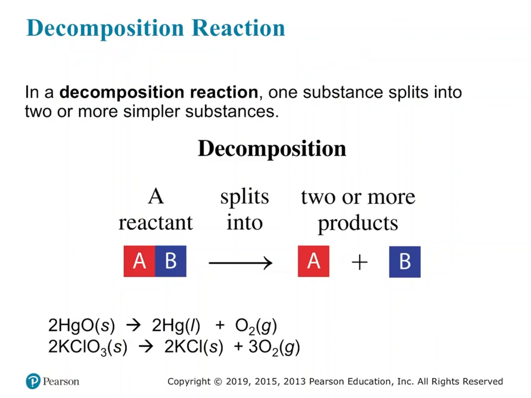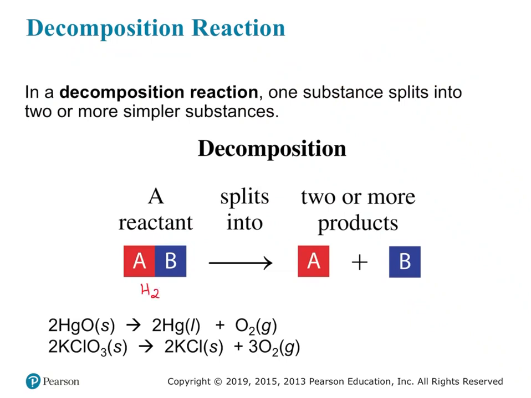Now, the next type of reaction is a decomposition reaction. So in this type of reaction, we start with just 1 reactant, so 1 substance, and it's going to split into 2 or more simpler substances. So we actually saw an example of this when we were balancing equations.